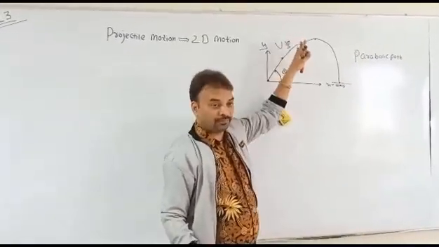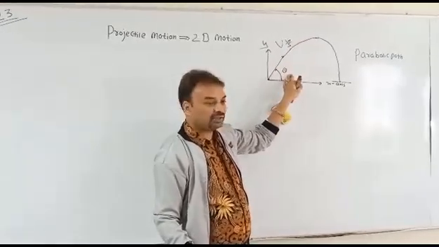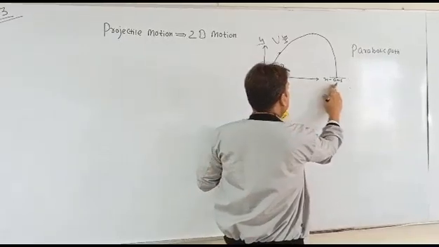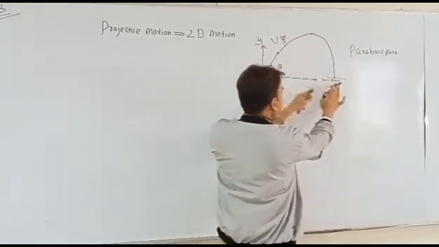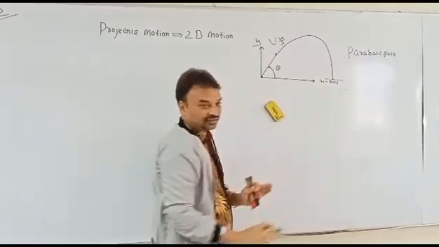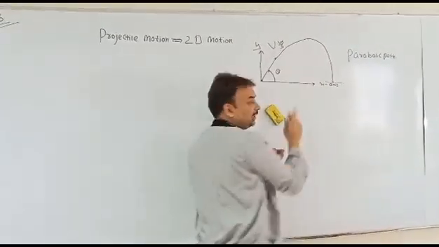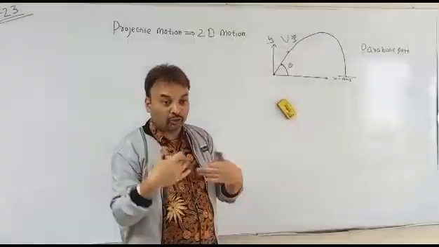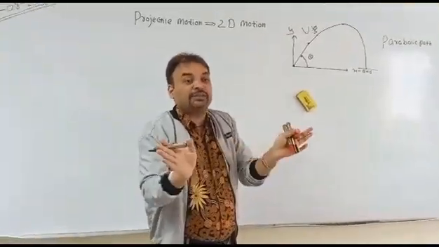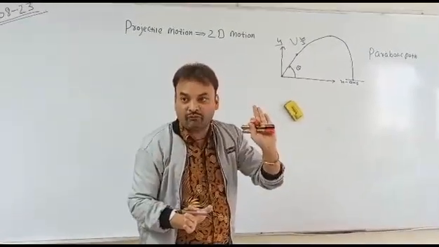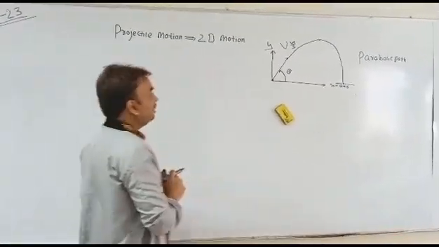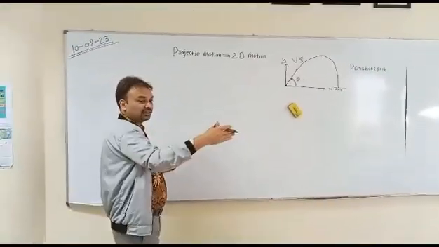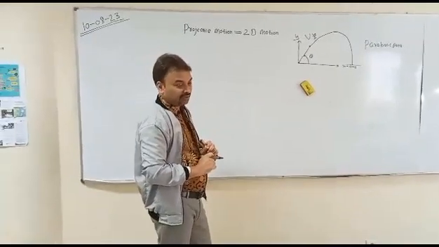The object moves along the x-axis from the starting point to the end point, but it also travels a certain height along the y-axis. The same object thrown at a certain angle covers two distances, along the x-axis and the y-axis. So this type of motion is 2D motion, where the object travels along the x-axis as well as along the y-axis.